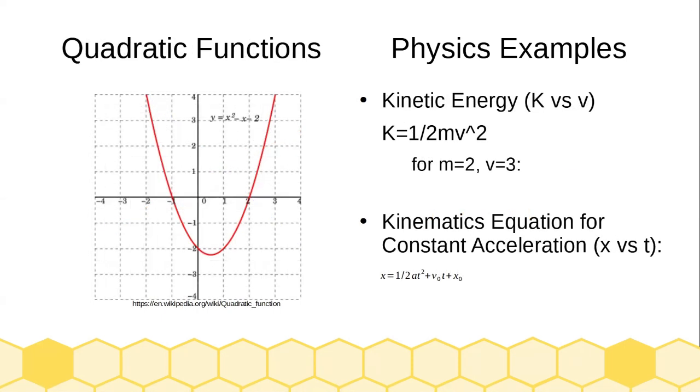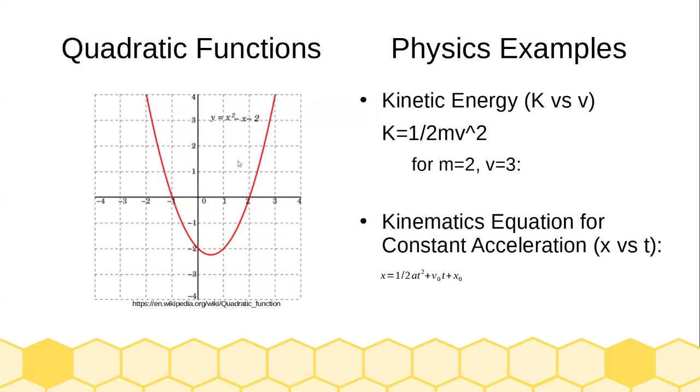The second type is y equals x squared, a quadratic function, where instead of the dependent variable depending on the independent variable linearly, so that the change is always constant, you have the dependent variable depending on the independent variable squared.